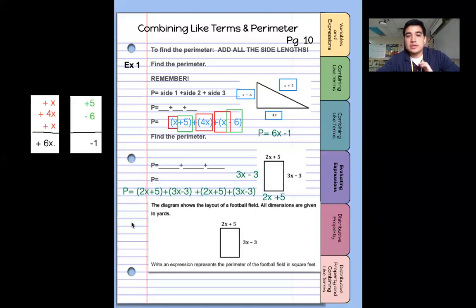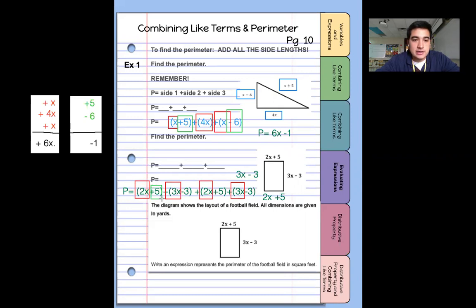Just to make things quicker, I'm going to box all of my x's with a red box. So I have a 2x right here, a 3x right here, 2x right here, 3x right there. Then I'm going to box all my constants with that same lime green color.